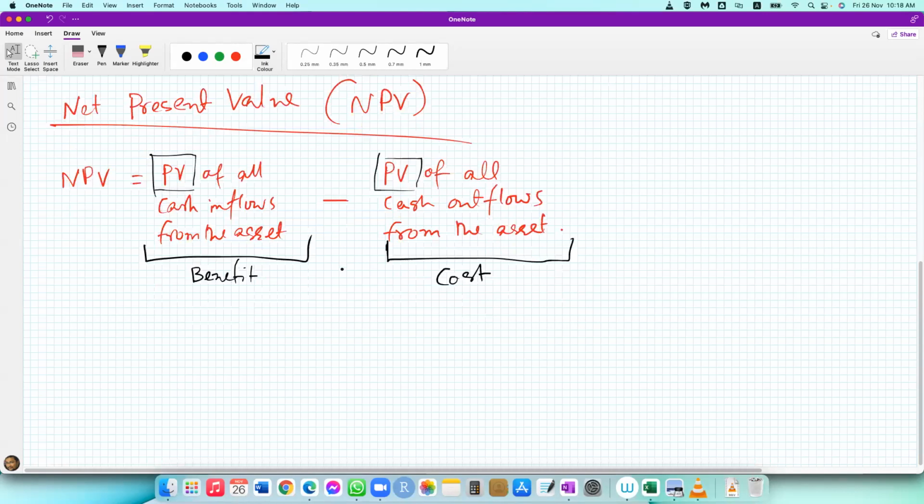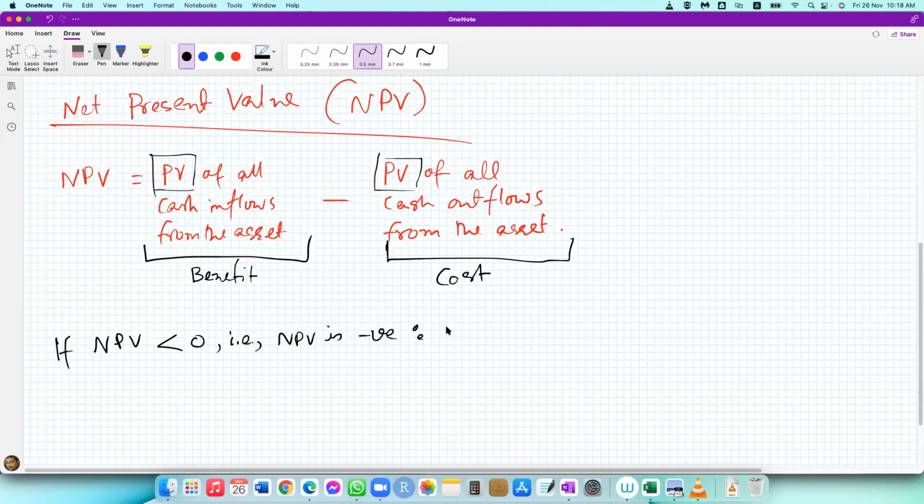So what we can say is that, NPV, how we do the calculation, we'll discuss that later. But now see the logic. If the NPV is less than 0, that means NPV is negative.